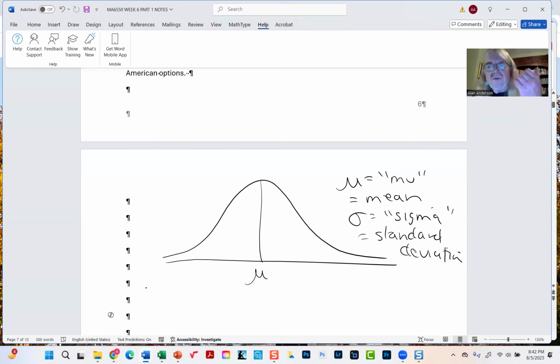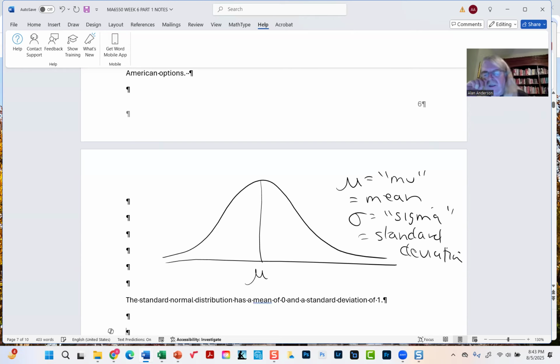So in principle, there's an infinite number of these normal distributions. The one that we're really interested in here is the so-called standard normal, which has a mean of 0 and a standard deviation of 1.